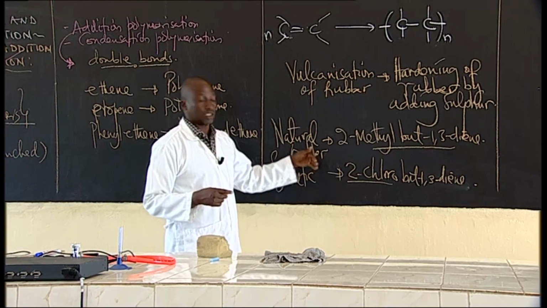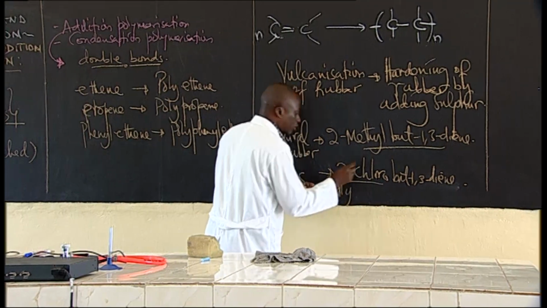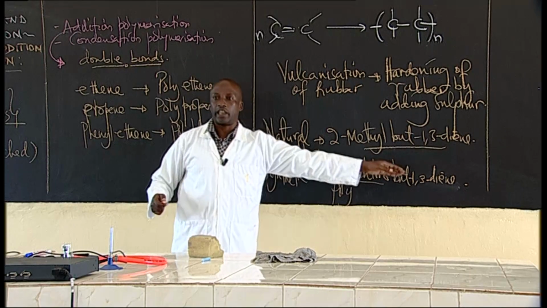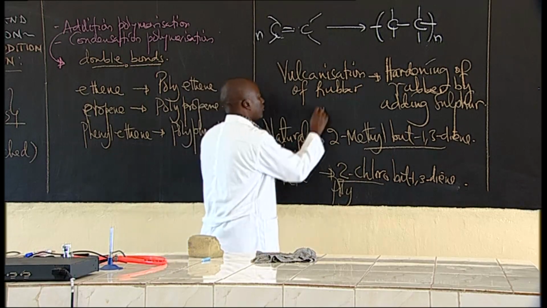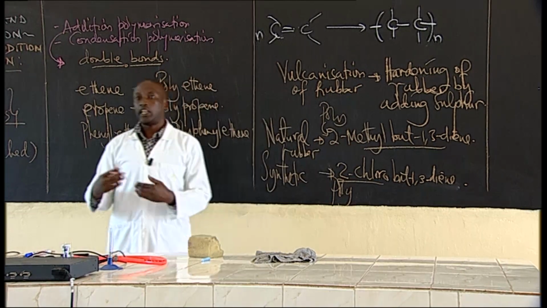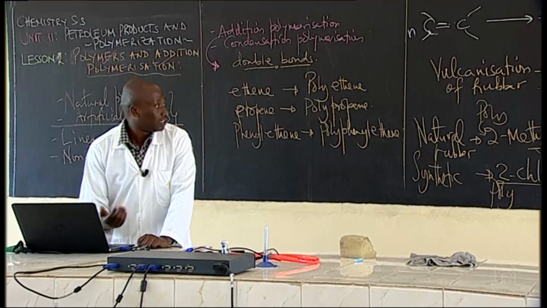When they join together, we add the word poly, which becomes poly-2-chloro-but-1,3-diene. You just add it on to this one, and that is what it becomes.